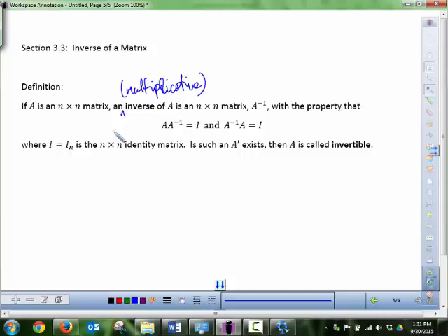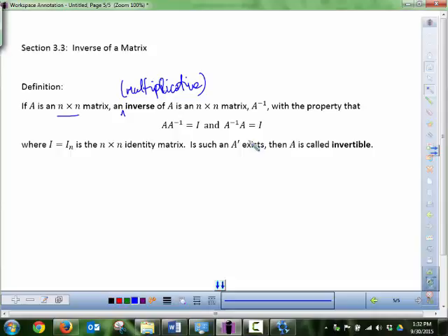So an inverse, first of all, you need a square matrix. If A is a square matrix, then an inverse of the square matrix A is denoted by A with a -1 on it. And it has the property that if you multiply that with A on either side, now remember multiplication is not commutative, but in this case, if you multiply on either side, then you're going to get your multiplicative identity, and your I is your multiplicative identity.